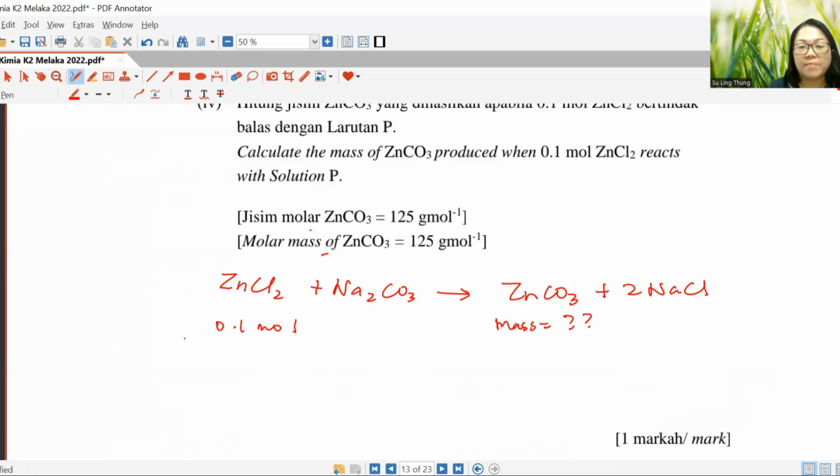Because this is only 1 mark, you just straight away calculate the mass, which is 0.1 times the RMM of zinc carbonate, which is 125. So you will get 1.25 grams.